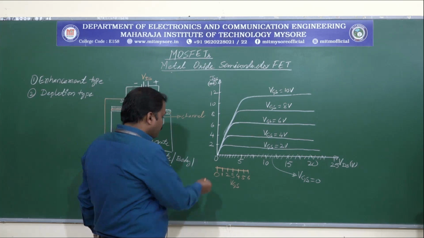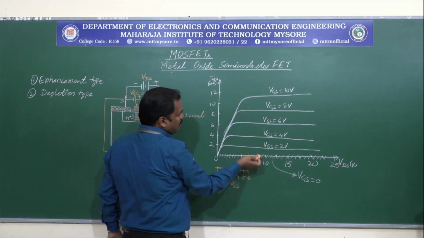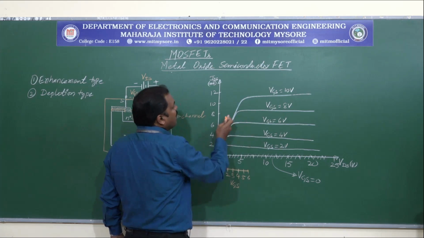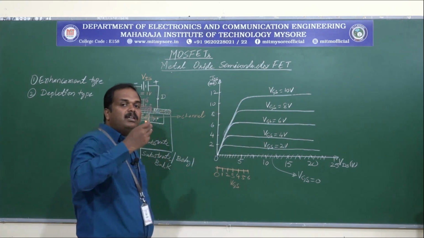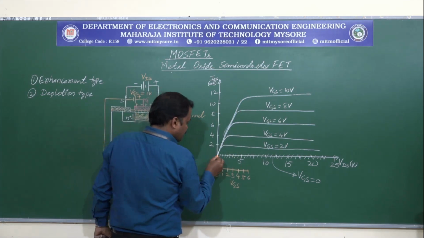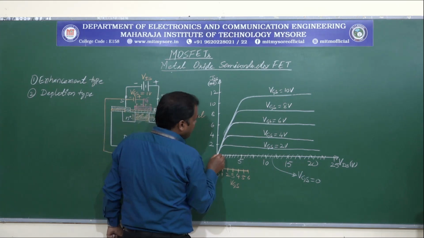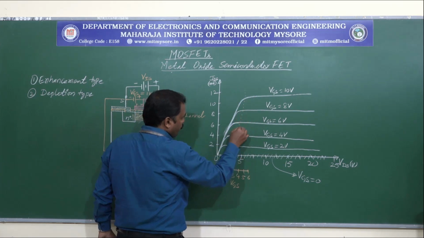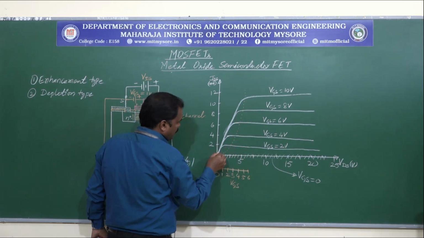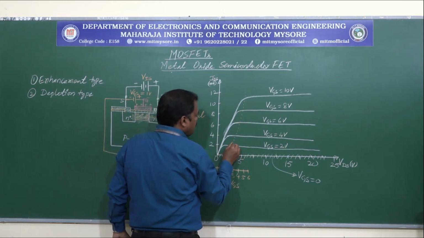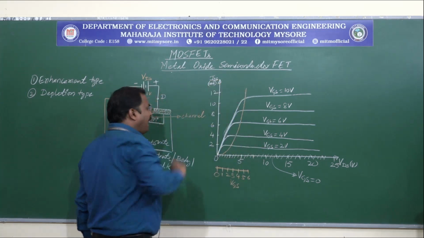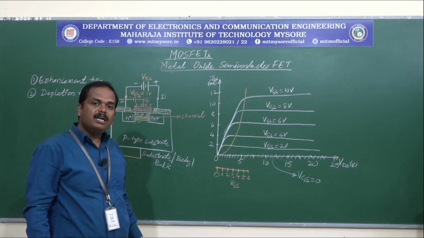So now as VGS is increased, we can see here as VGS is increased, the current levels have also been increased. So I can say as VGS is increased, what we can see is the IDS value will also be increased.